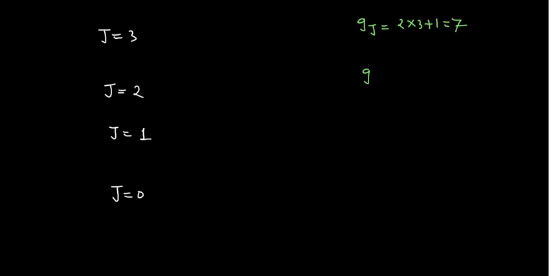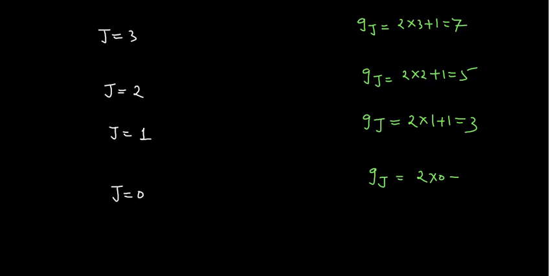If j equals 2, it is 2 times 2 plus 1 equals 5, that is 5-fold degeneracy. For j equals 1, your degeneracy would be 2 into 1 plus 1, that is 3-fold degeneracy. And then g_j is 2 into 0 plus 1, that is 1. The system is non-degenerate.